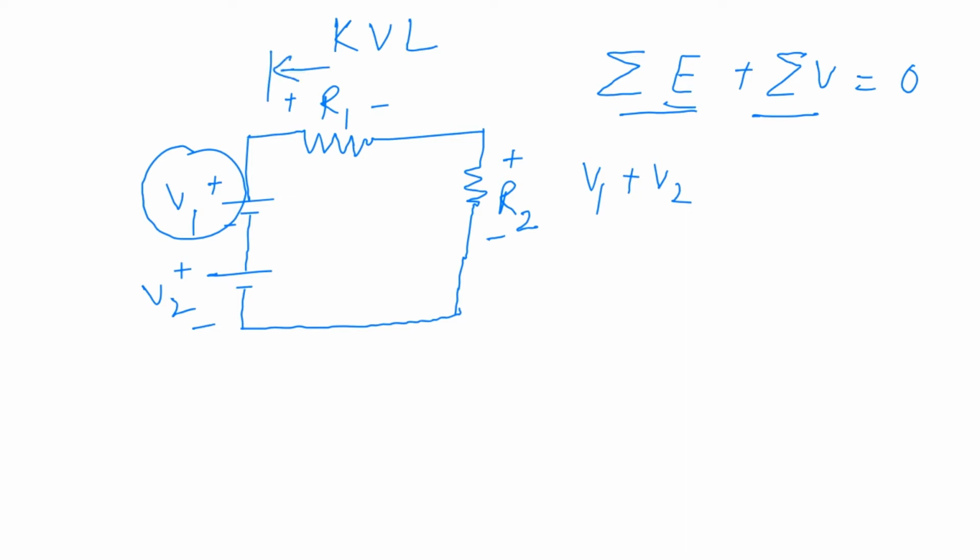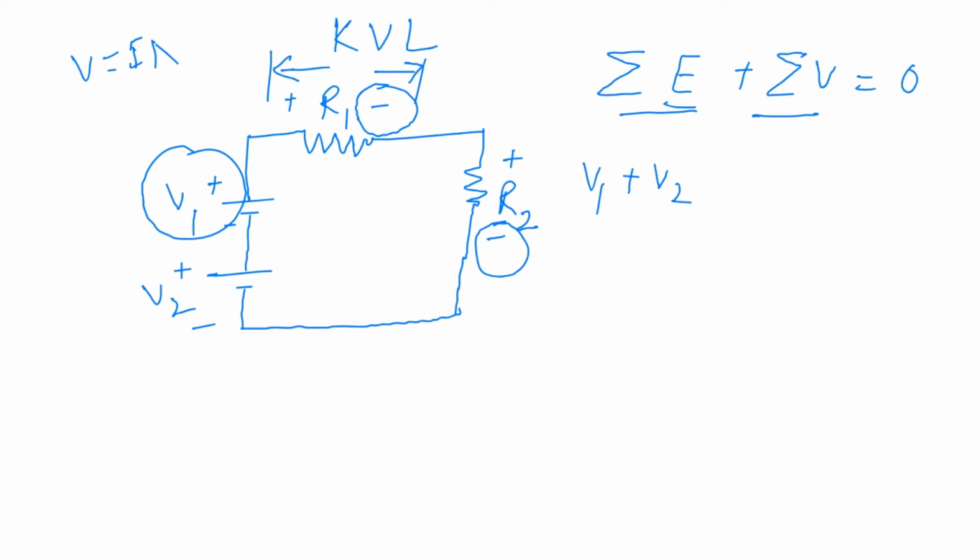We can find out the voltage drop across this resistor according to Ohm's law. So what is Ohm's law? V is equal to I into R. Okay, so we can represent here I into R1 and plus I into R2, and we can take the sign convention right here.